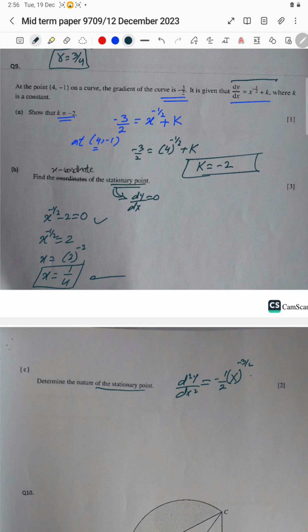Now we need to replace x with 1 by 4, the x coordinate of the stationary point. When x is 1 by 4, we get d2y by dx square equal to minus 1 by 2 times (1 by 4) power 3 by 2. Our answer, because of this minus, is less than 0. That means negative. Therefore, the nature of the stationary point is maximum.